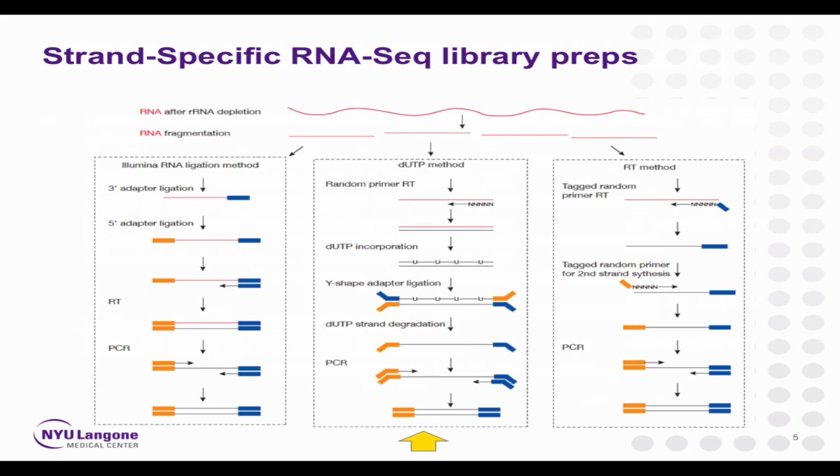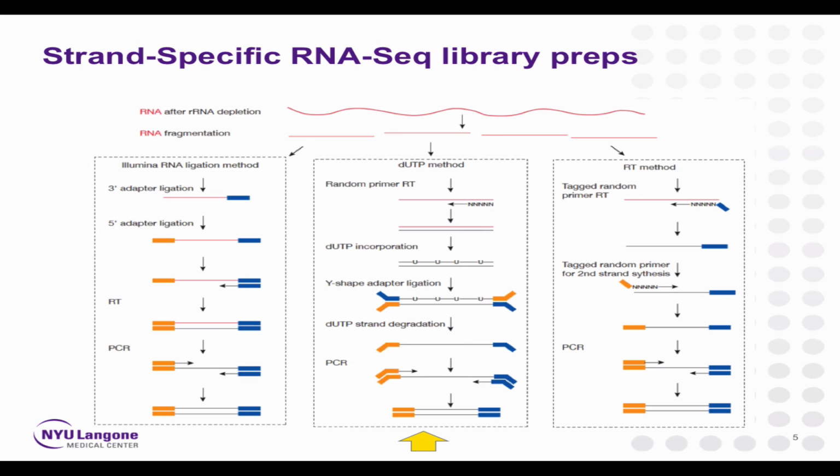So how do we know from which strand it's coming from? Well, basically, after random priming, and the reason to use random priming is at this point you have the entire transcriptome. Any transcript that is bigger than 200 nucleotides you will detect by using this technology. And at that point, when you are doing your cDNA process, you're going to be incorporating dUTP.